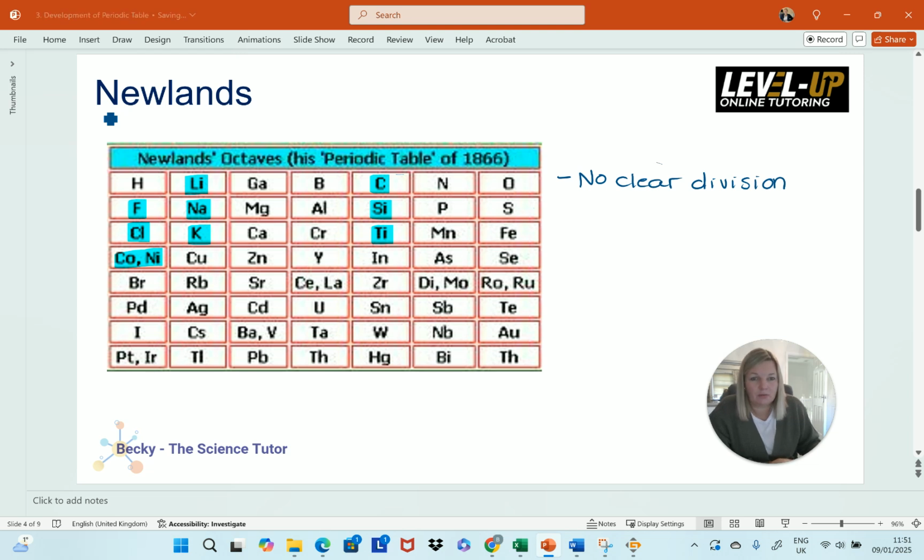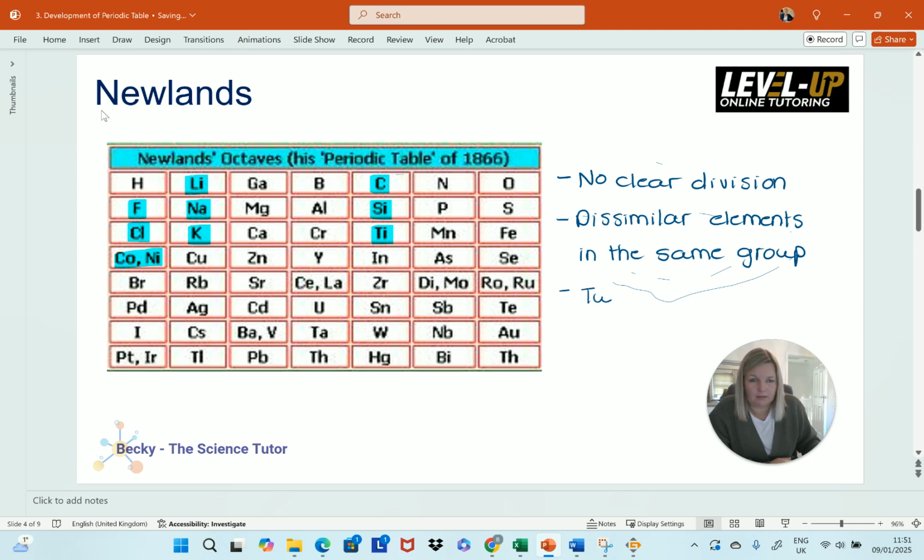Okay, so no clear division, dissimilar elements put in the same group, and two elements in the same place.